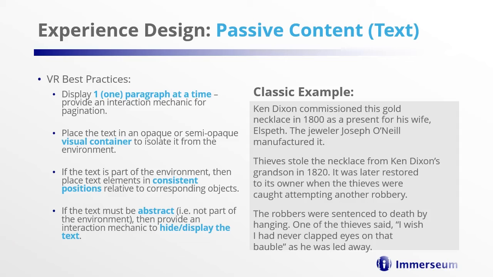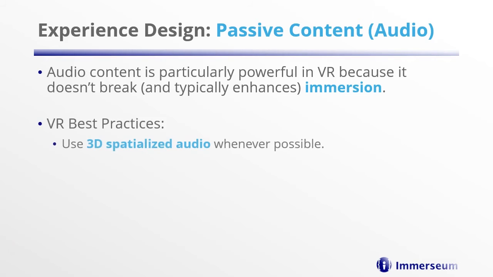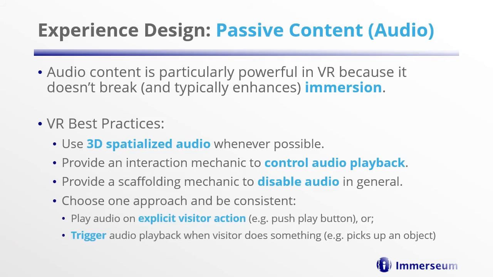But it's basically something that you can and should be able to use. But text in VR may be less practical in many situations than audio. Because the main thing about audio is that it doesn't break immersion. Text typically does break immersion to some extent, but audio does not.